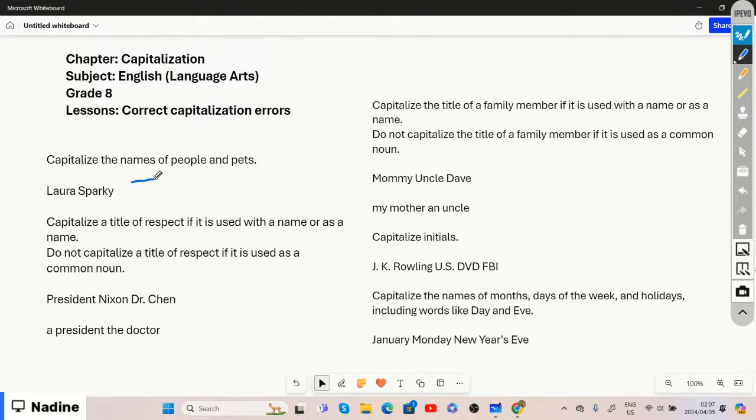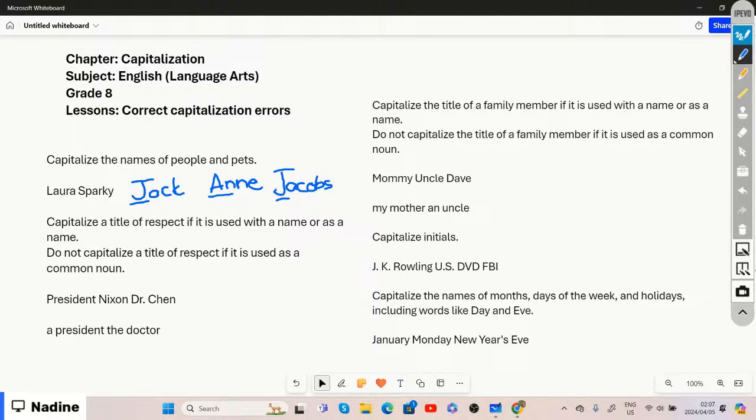You write the name with a capital letter: Jack, Anna, or Anne. So we capitalize the names of people. Also surnames, so if it's Ann Jacobs, then it needs to be capitalized.